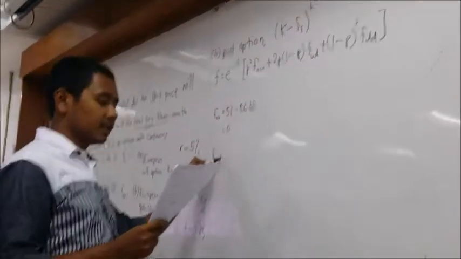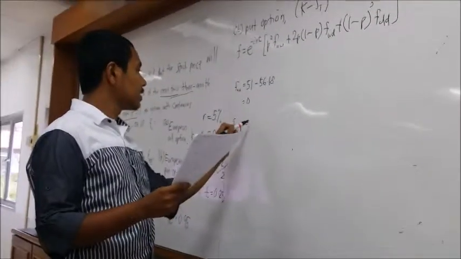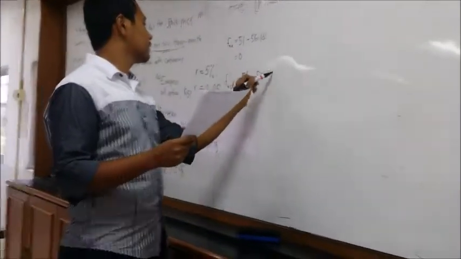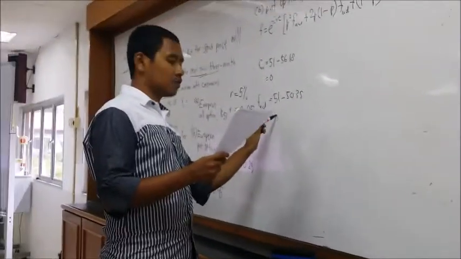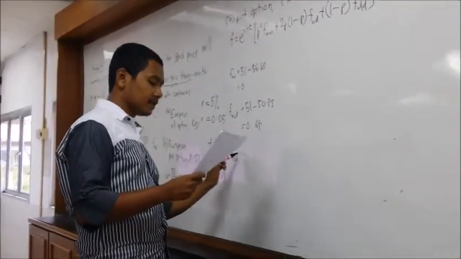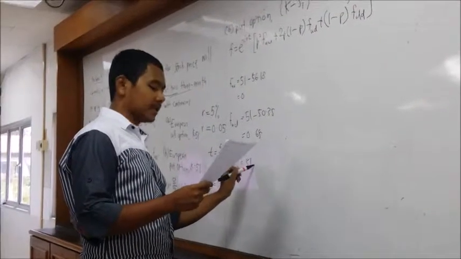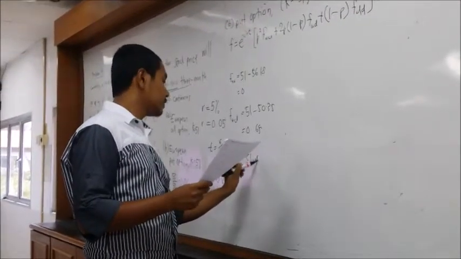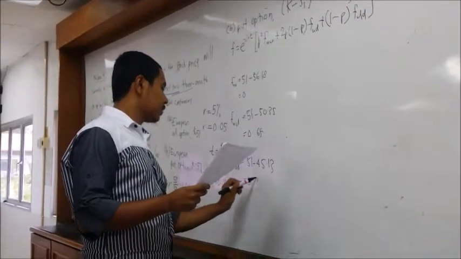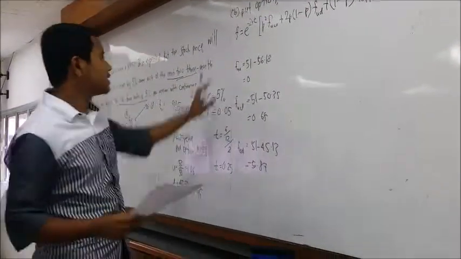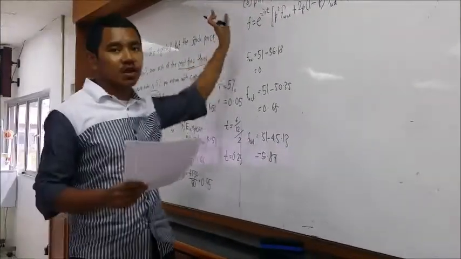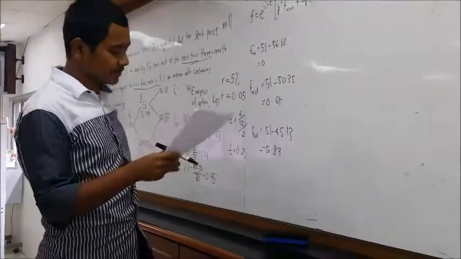For the FUD, we get 51 minus 3.35, which gives 0.65, and FDD is 51 minus 45.13, which gives 5.87. This is our new FUU, FUD and FDD, to differentiate between the put option and the call option.